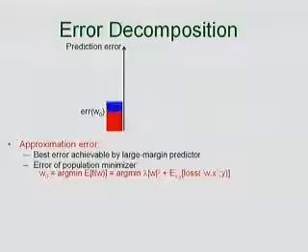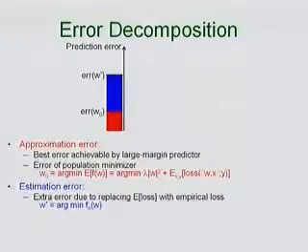In our case, you can think of it as the best error achievable by a large margin separator. It's actually a bit trickier here since we're talking about a regularizer and not strictly limiting to a hypothesis class, but we can define things appropriately. It's the error achievable by the population minimizer. If we had infinite data, what would be our error? So this is in some sense the unavoidable error. And on top of that, we add the estimation error. The estimation error results from the fact that we don't have infinite data.